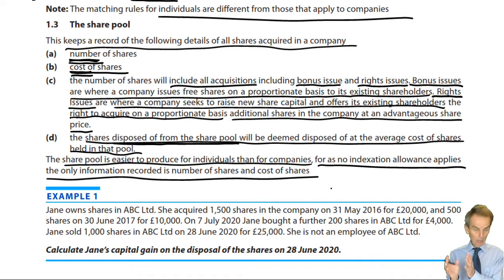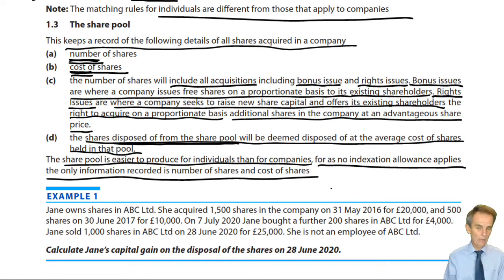We will have number of shares, cost of shares, and, as we'll see in a later lecture, something called an index cost column as well, where we take account of not just the cost, the price paid, but also any indexation allowance, any relief for the effect of inflation as time goes by. But more of that in a later chapter.